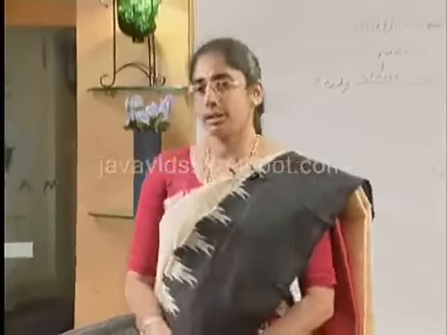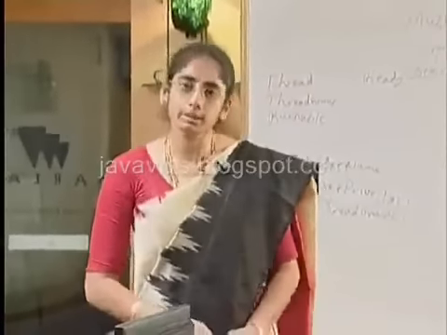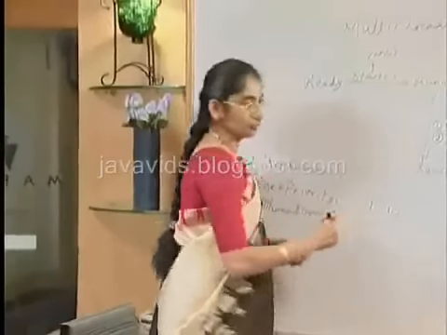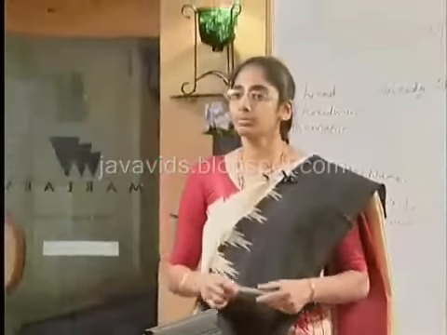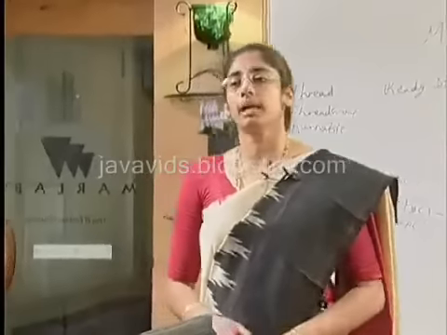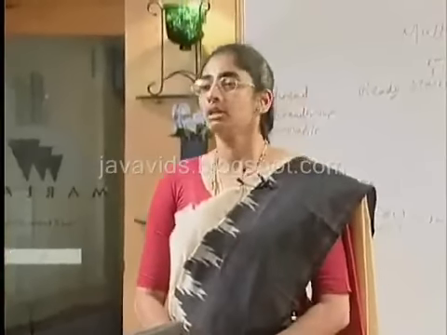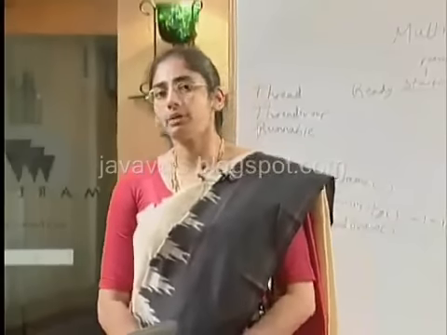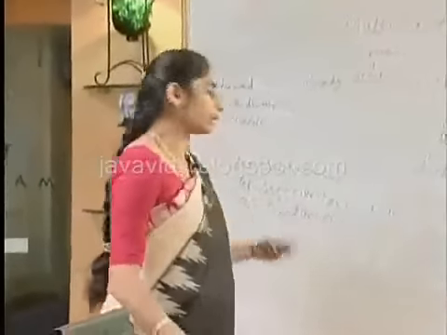The priority of a thread can be specified between 1 and 10. 1 being the minimum priority, 10 being the maximum priority. So therefore, normal priority is 5. You can set a priority for a thread, of course, by calling a setPriority method.